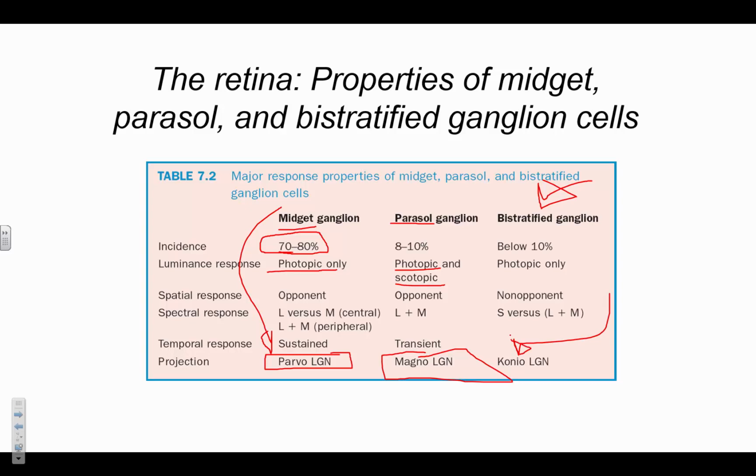Anybody know what conio means? If parvo meant small and magno meant large, then conio must mean dust. Means dust. Okay, why would you do that to us? Yeah, well, just because. You should have been a vet. When these cells were first discovered, people thought they were useless.